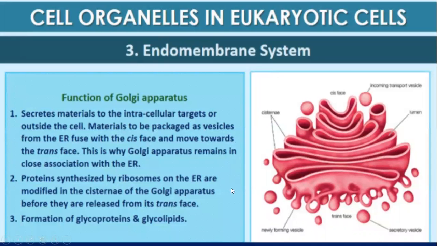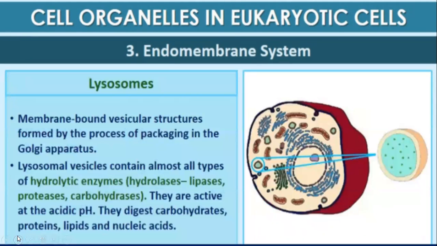And their function, as we have discussed, is formation of glycoproteins and glycolipids, glycosylation of proteins and lipids, and secreting materials into the intracellular targets or outside the cell. Materials to be packed as vesicles from the endoplasmic reticulum fuse with the cis face and move towards the trans face. All these are not needed. Okay.